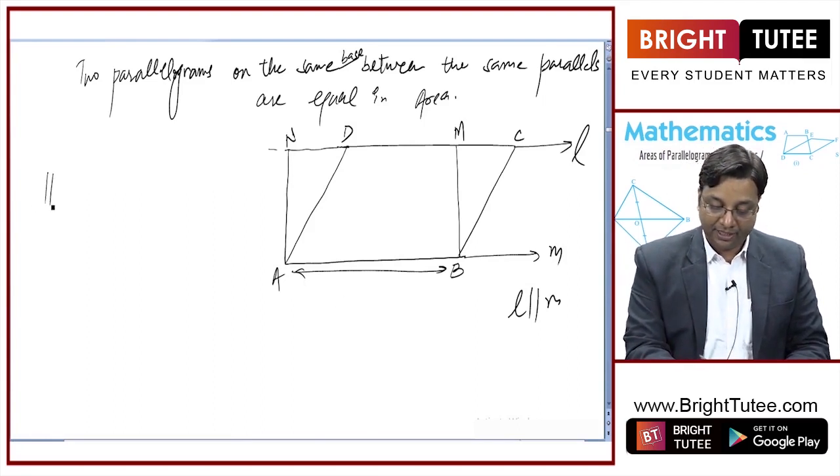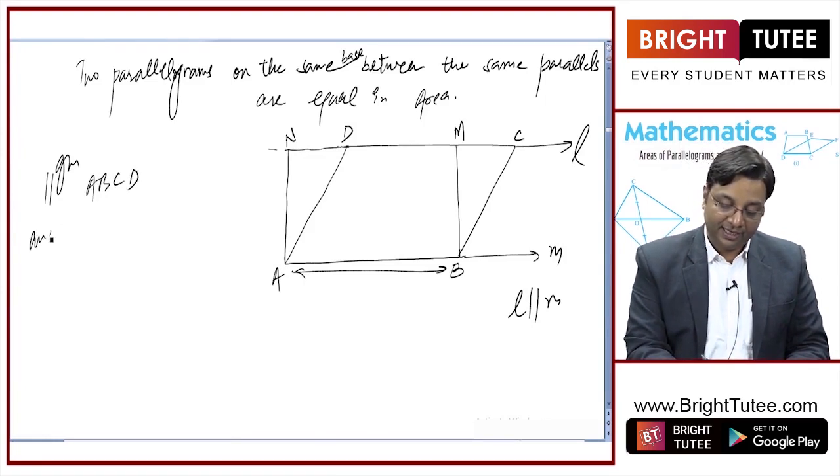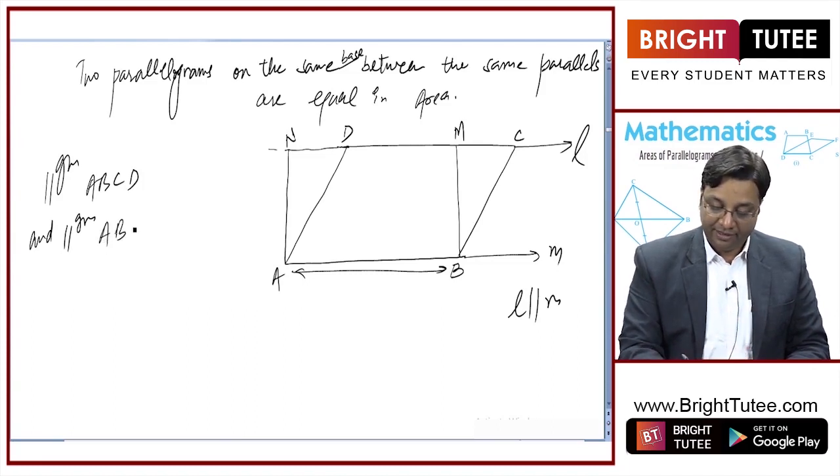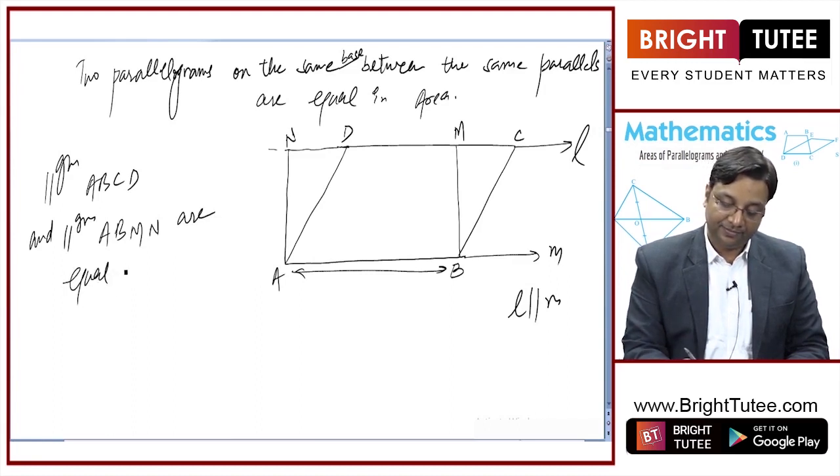So, parallelogram ABCD and parallelogram ABMN are equal in area. This is what we have to prove.